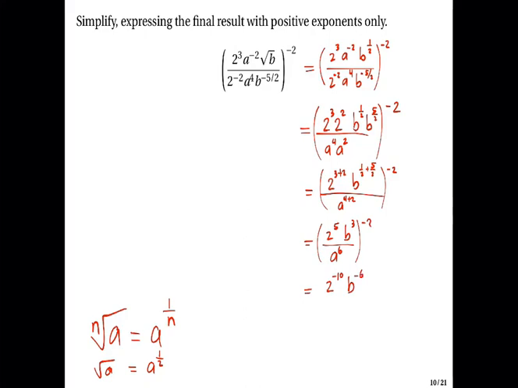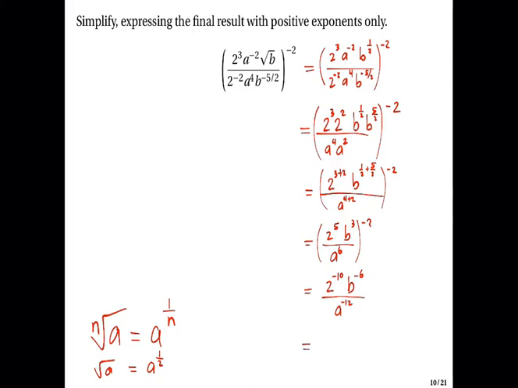And then on the denominator, you have a raised to 6, and 6 times negative 2 here, it's now a raised to negative 12. And then we want positive exponents only. So we change all the negative exponents into positive by moving the expression to the other side of the bar.